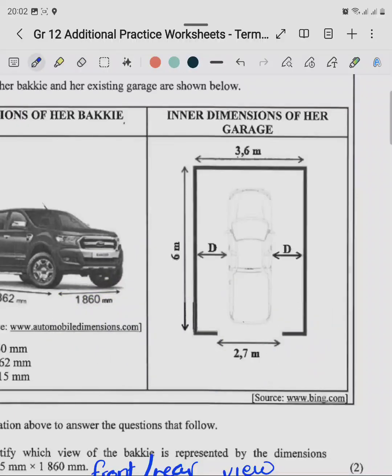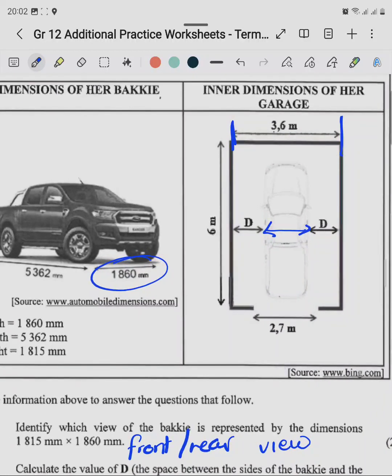Okay, so we know the whole way across from end to end of our garage is 3,6 meters. They tell us that. We also know the width of the bakkie, because that we're told on the other image of the car, which was on the side there. And we know this is 1860 millimeters. So theoretically, if I take that 3,6 meters, I take away the bakkie, I should be left with the total amount of space.